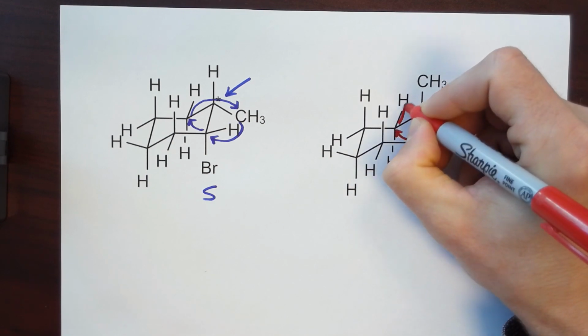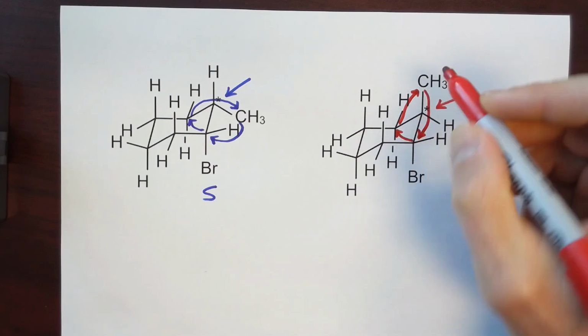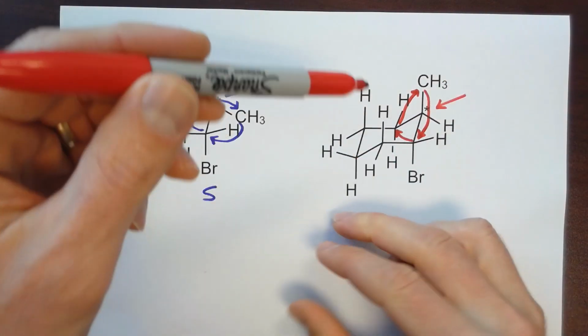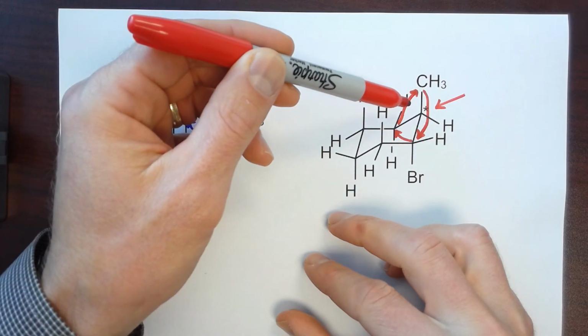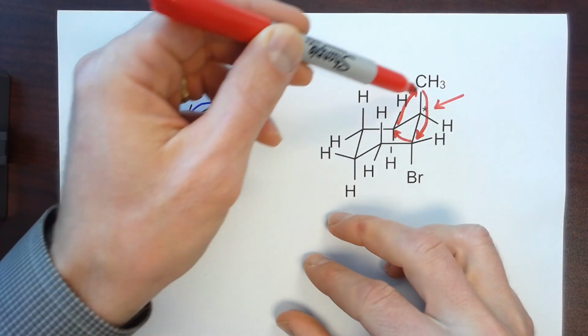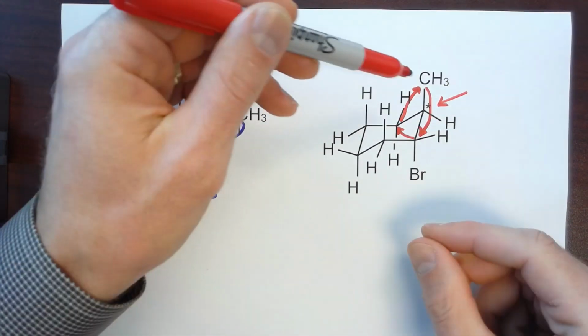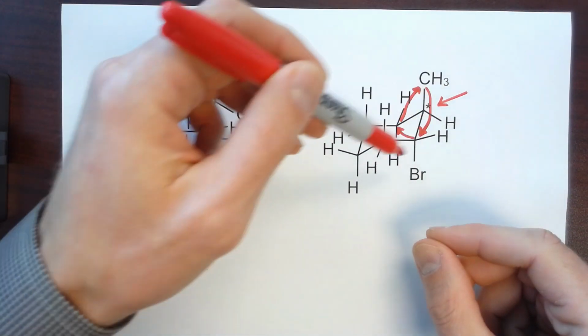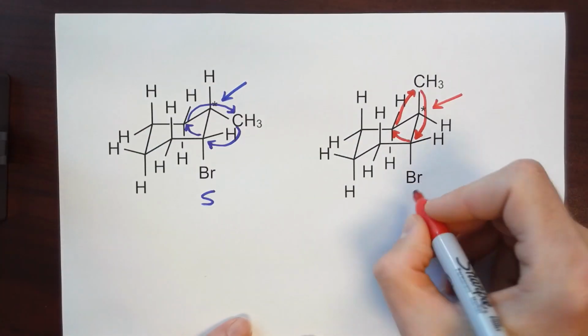Next highest priority group. Okay. Now I want to look at this from the top left. So I'm looking at it from this direction right here. When I look at that, I'm going to see the rotation as drawn. And so this is clockwise rotation. And with clockwise rotation, we get R.